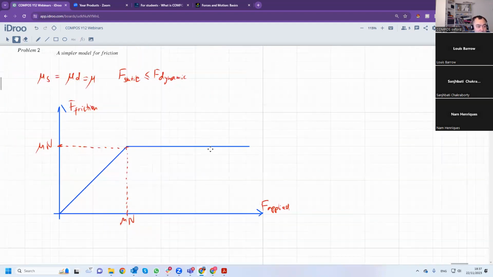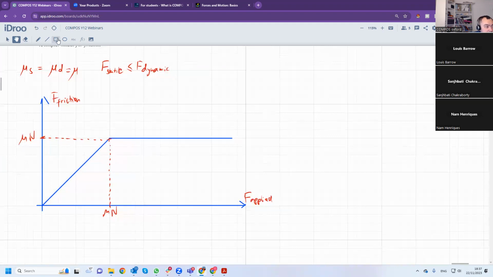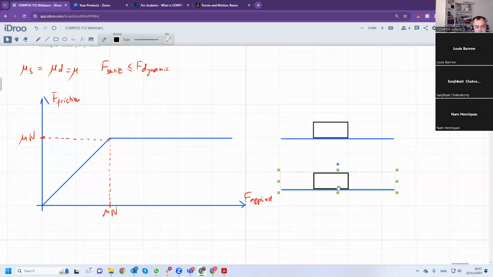So basically, okay, let's look at three examples. Let's say the box is 7 kilograms. So, example.